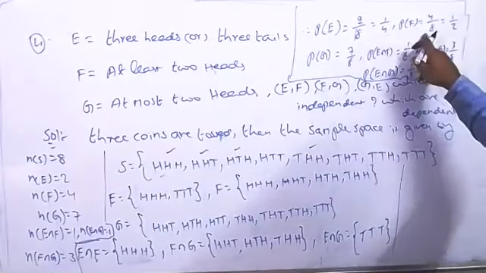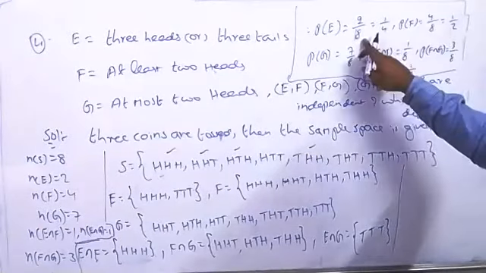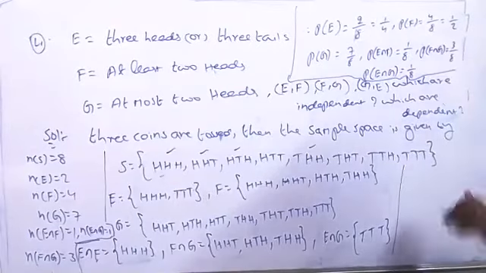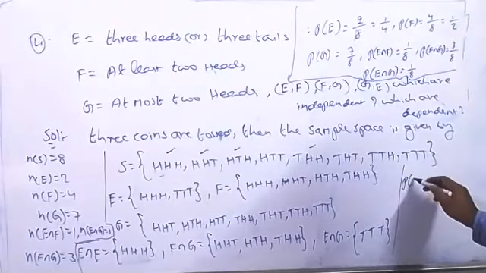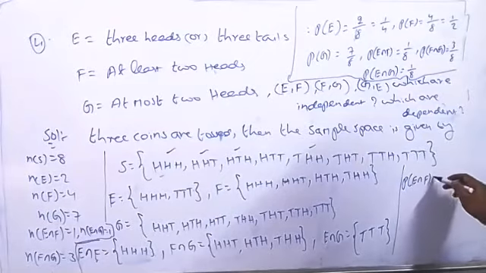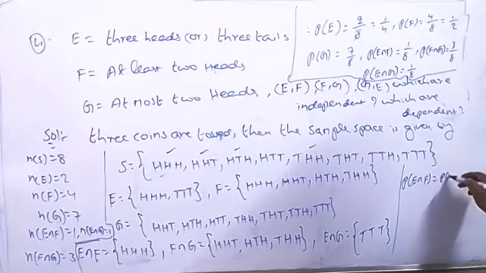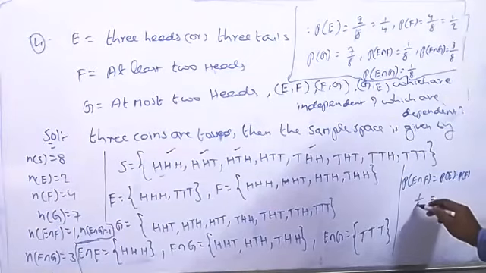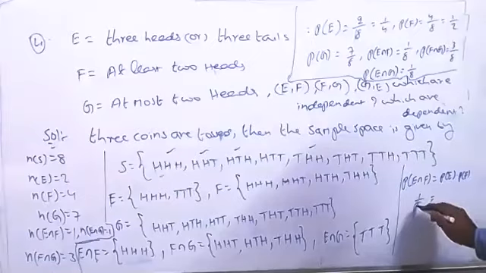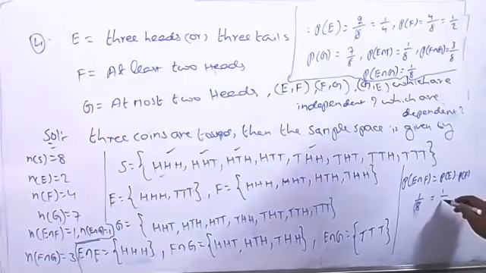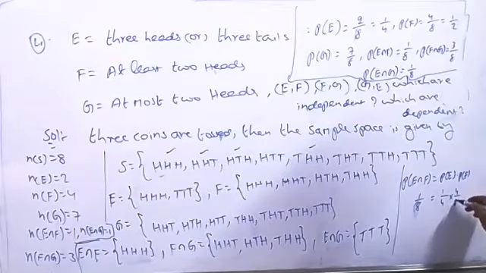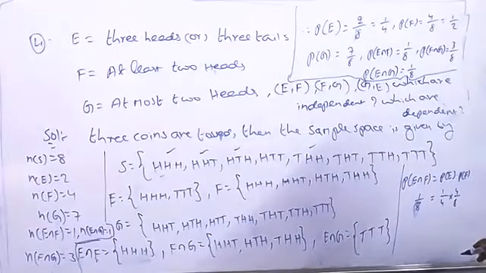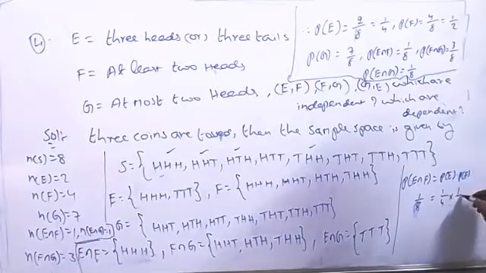Now we multiply the probabilities. The condition for independence is that probability of E intersection F equals probability of E times probability of F. So 1 by 8 equals 1 by 4 into 4 by 8, which is 1 by 4 into 1 by 2, and clearly that equals 1 by 8.